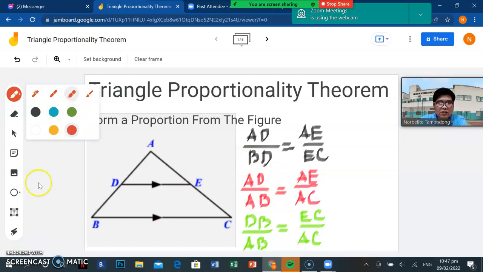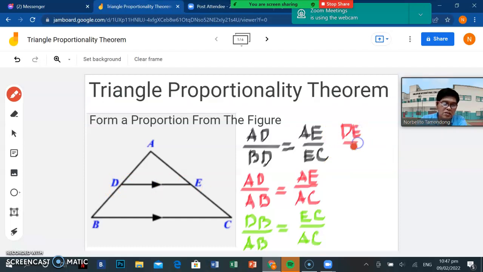Next, you can also use this DE. DE is to BC equal to AD is to the whole part, AB.